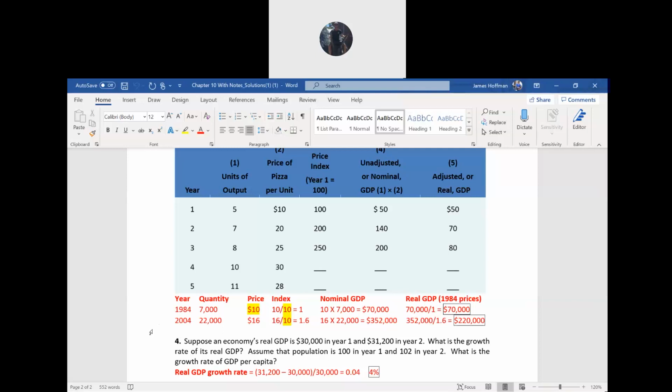See how they're both 70,000? That's because we chose that year as the base year. But the process is the same. To calculate real GDP, take the nominal GDP and divide it by that year's index that you calculated before.